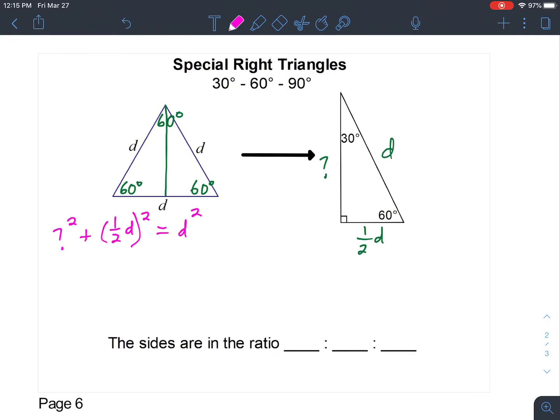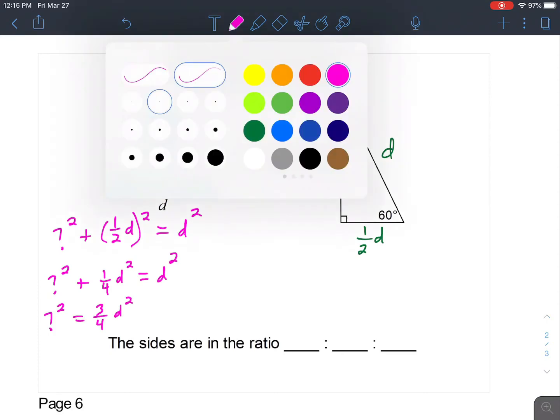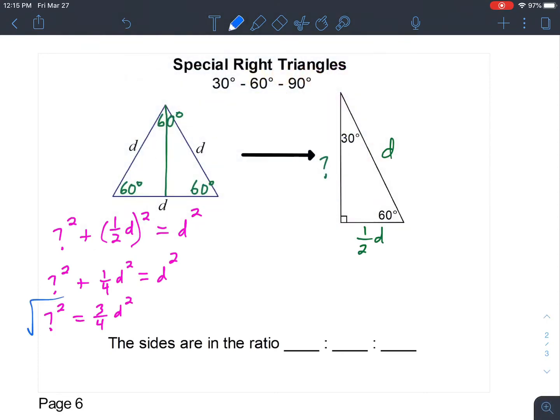Then we are going to get question mark squared plus, this is going to become 1/4 d squared, equals d squared. We're going to subtract the 1/4 d squared from both sides. And that's going to leave us with 3/4 d squared. Here we will do the square root of both sides.